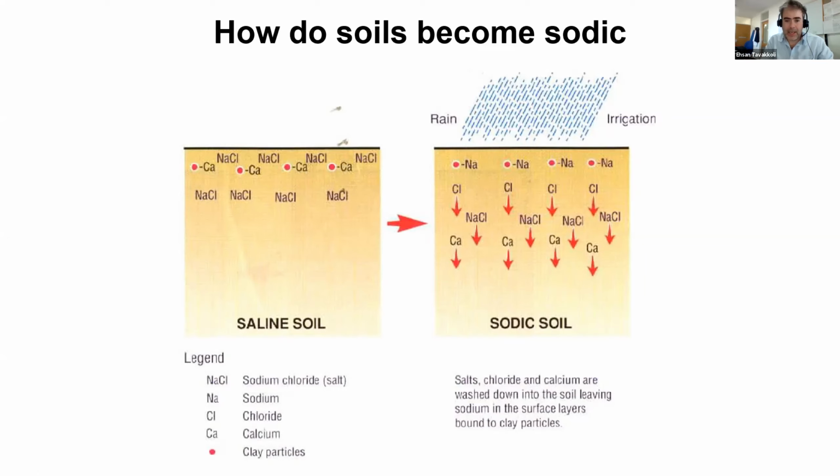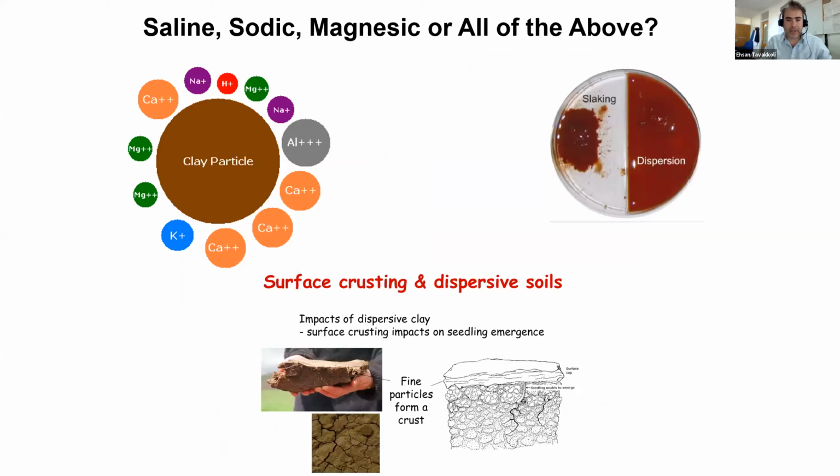So that is no longer a soluble salt, but a salt that is incorporated into different plates of the clay in your soil. And the problem and how the crop feels the pain is completely different. So I just wanted to set that difference between saline and sodic soils, and from now on, I focus on what the differences are.